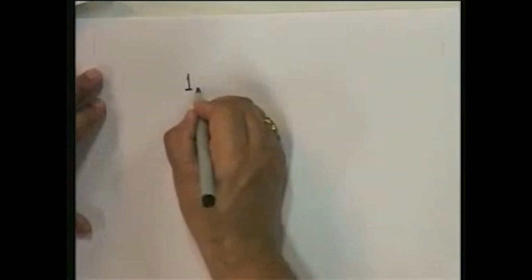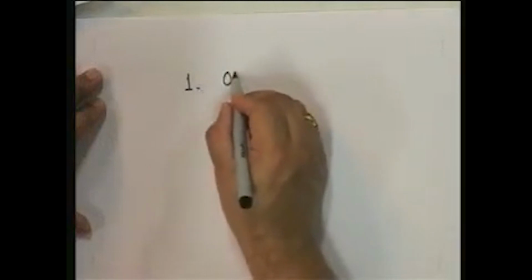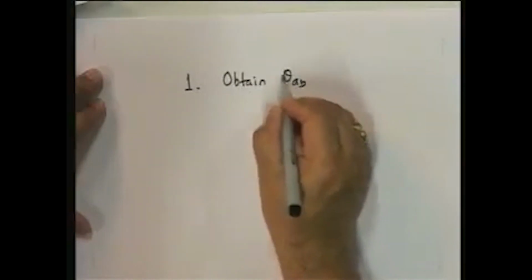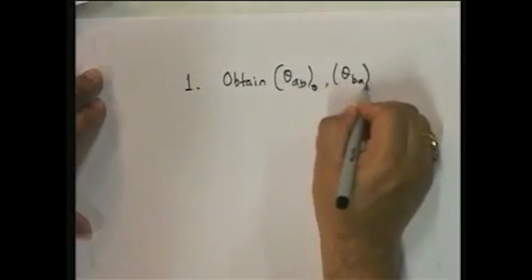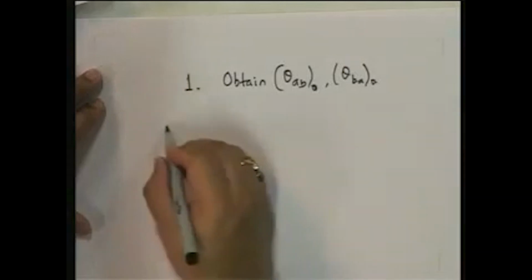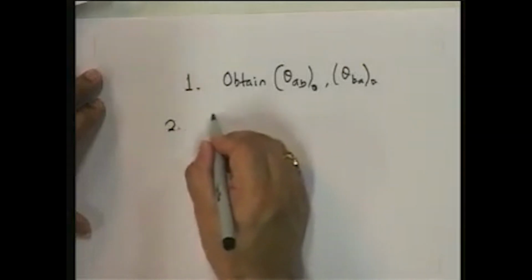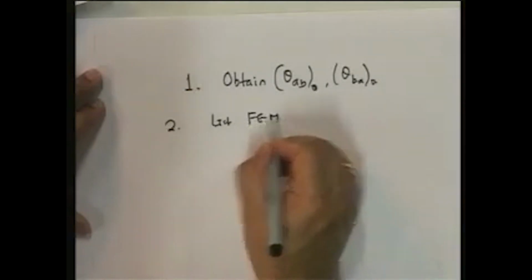Only thing, what are the steps in this method? I'm going to write down the steps. First, take the simply supported beam and obtain theta AB and theta BA due to the loading. Then 2, get the fixed end moments.